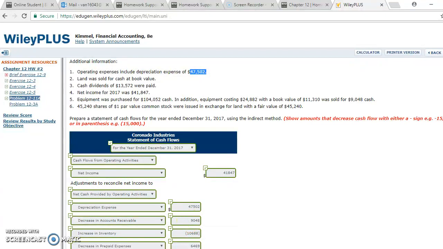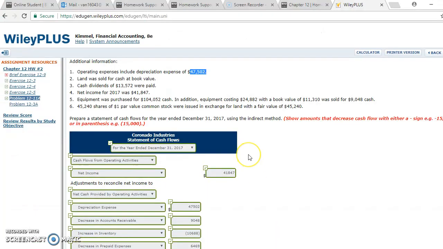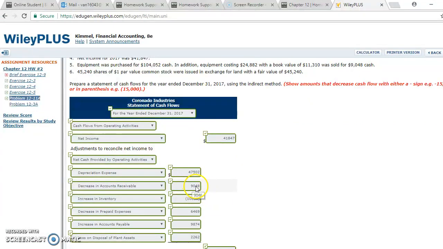Next, we're going to go to decrease in accounts receivable. We know it's a decrease in accounts receivable because we did our little spreadsheet here. So we know that accounts receivable was a negative $9,048. Again, we need to remember the original debit and credit balances of these accounts, so that's actually going to be input as a positive number. Next, we're going to go to increase in inventory.